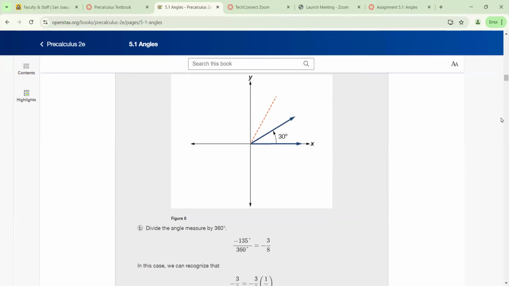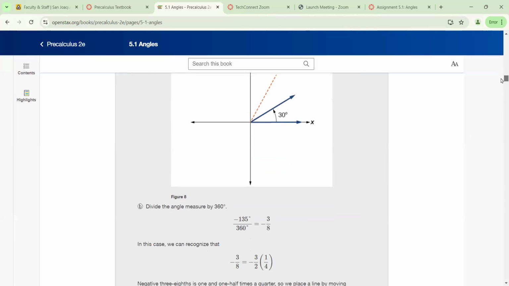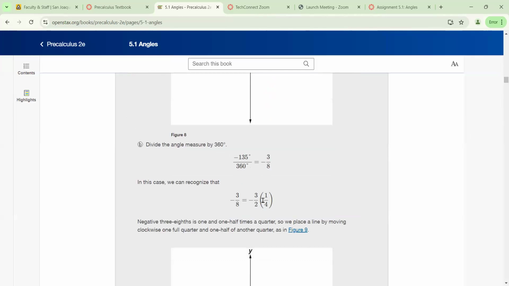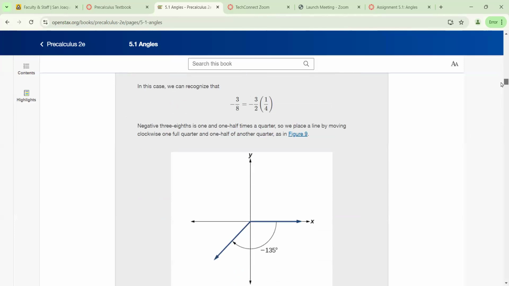In the same way, for 135, that's negative 3/8, and then they're rearranging it as 3/2 of 1/4. A quarter means the fourth part of the 4 sections. The 3/2 of that means 1.5 of that, halfway through the next one. And it's a negative angle, so it's going to go clockwise from here.